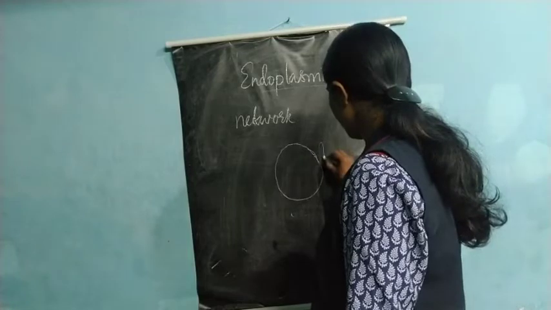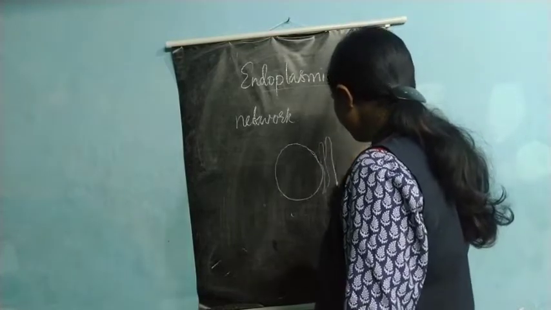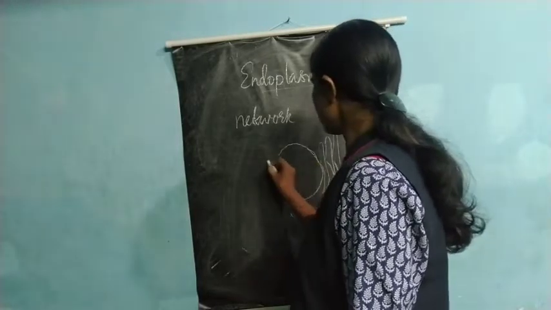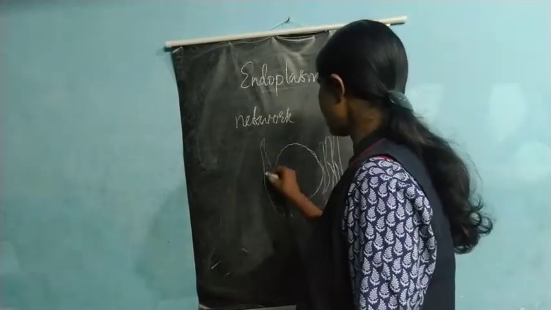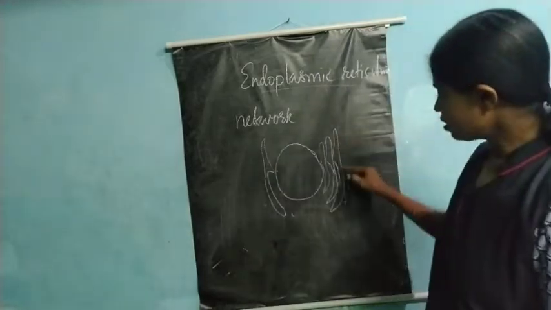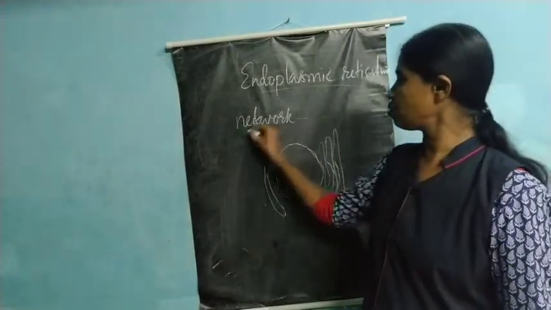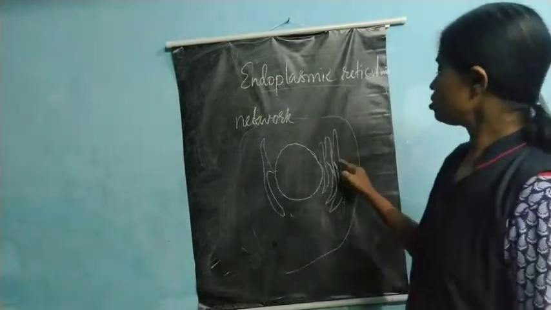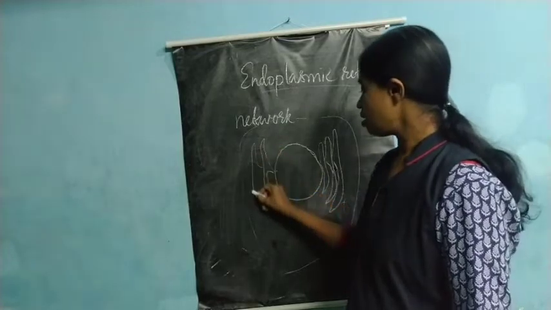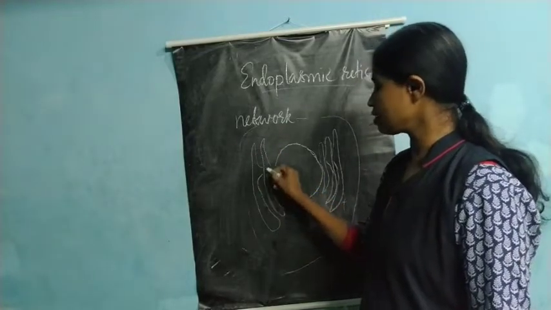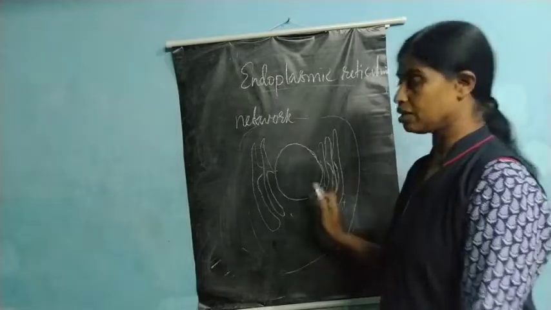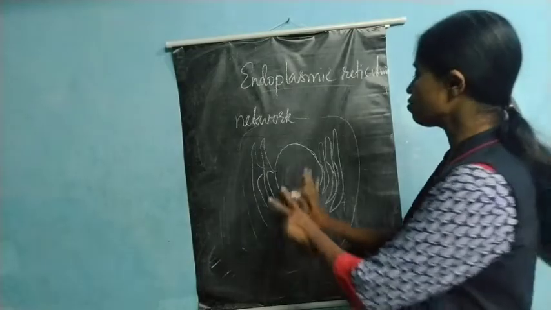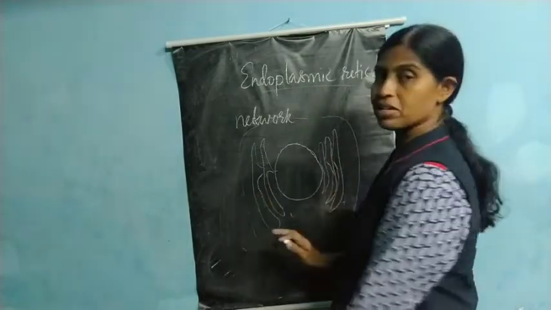The nucleus is surrounded by a network of tubular structures, which is called the endoplasmic reticulum. This is found inside the cell, nearer to the nucleus. They are long tubular structures and form a framework of the cell.